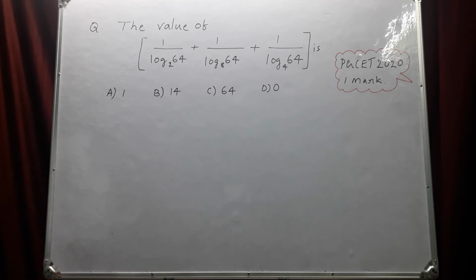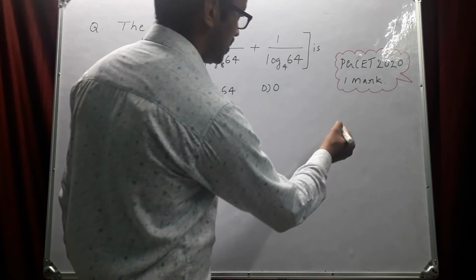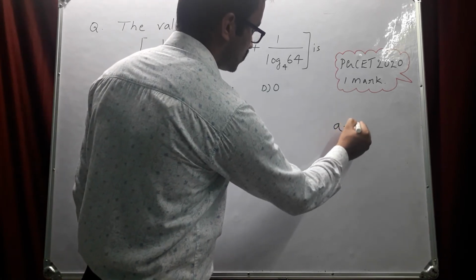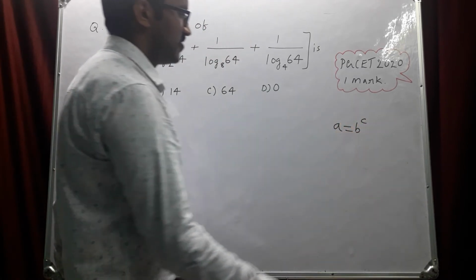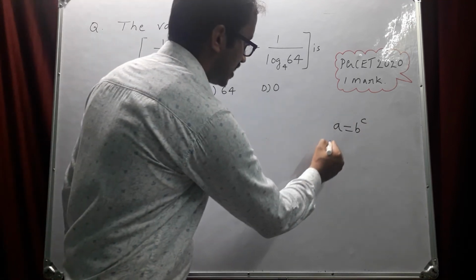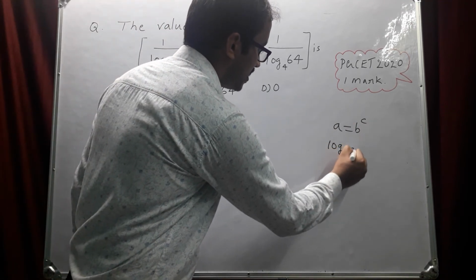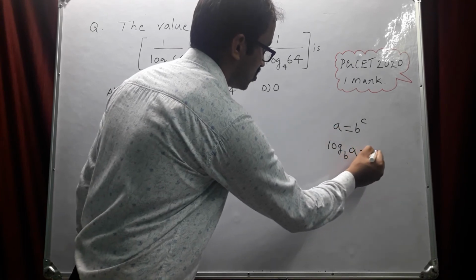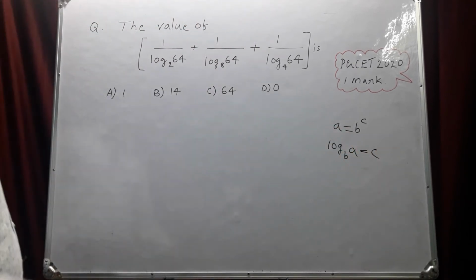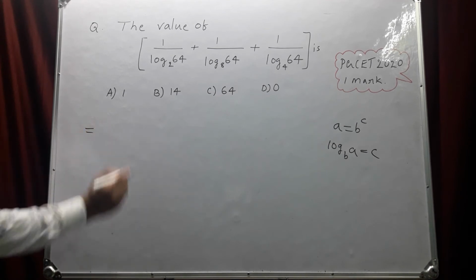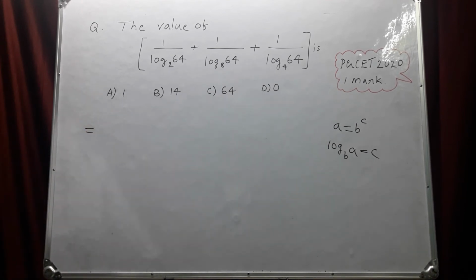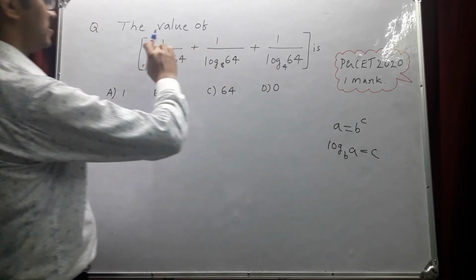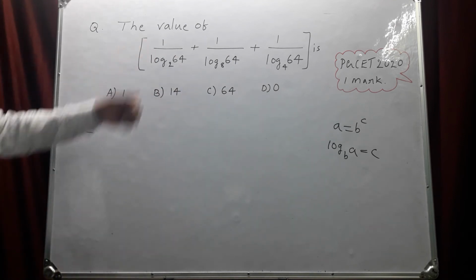Very simple problem. At the beginning we have seen, if a is equal to b power c, then log a to the base b is equal to c. So we can use this definition to find the value of this logarithm.